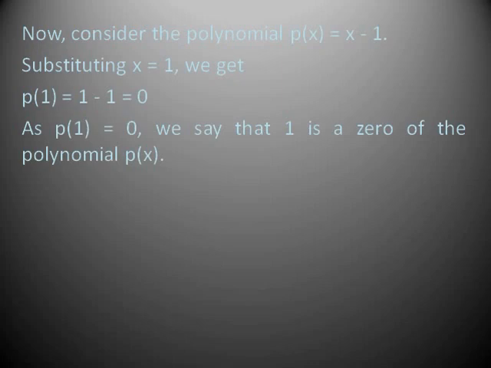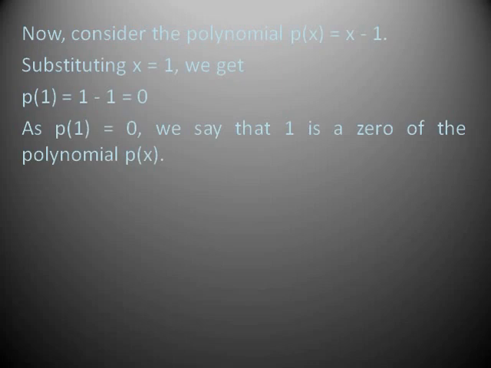So you have to make a note that the zero of a polynomial means the value of x on substituting which the value of the polynomial p(x) becomes 0. Once again I repeat, the zero of a polynomial means the value of x which on substituting in the polynomial, the value of the polynomial becomes 0.